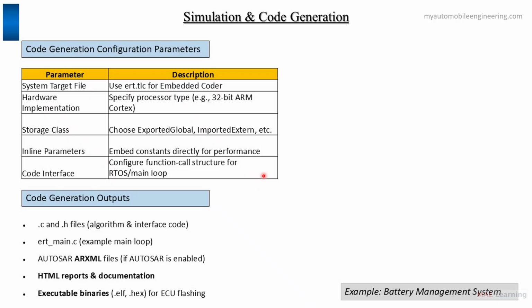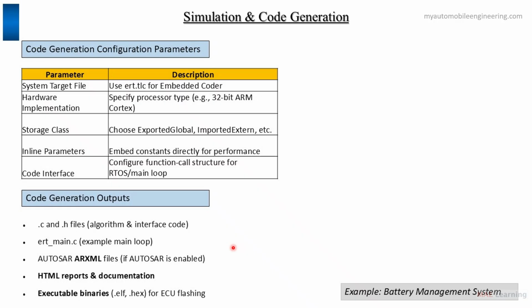So this is the code generation output. After building your Simulink model, it will give you some output files. The .c and .h files, the C file and the header file, contain all your logic and interface code.